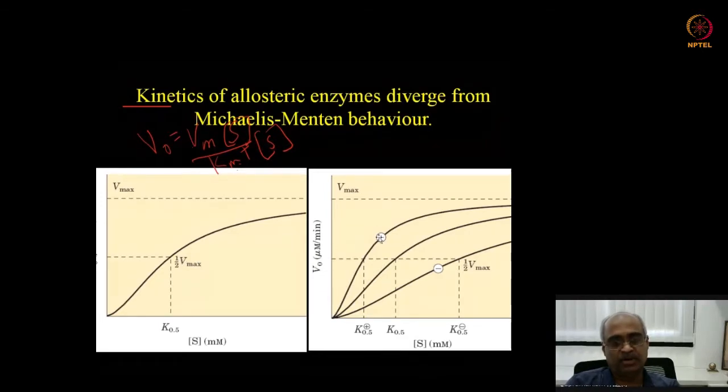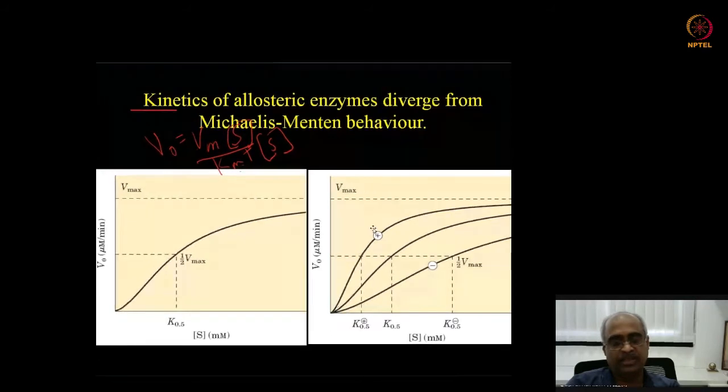When you have a positive interaction, like positive cooperativity, that is, binding to one subunit enhances the binding to the other subunits, as we see in oxygen binding to hemoglobin, then the curve shifts in this direction. So this is with positive regulation, and with negative regulation it shifts in the opposite direction. These are characteristics of allosteric regulation.